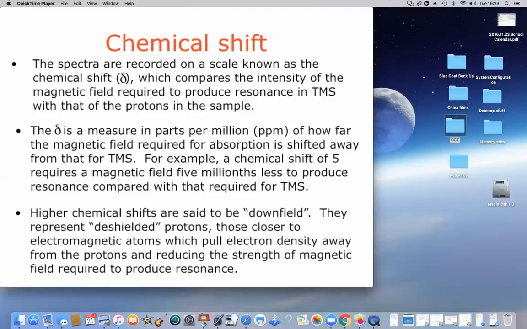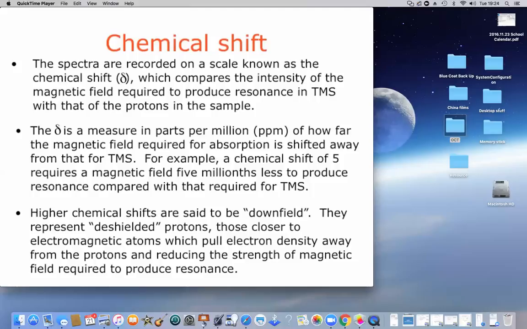Okay, now this is terminology that you may come across. Protons with higher chemical shift are said to be downfield. When you look at an NMR spectrum, chemical shift 0 is on the right-hand side and it moves to the left. So anything to the right we say is upfield, anything to the left we say is downfield. Anything that's downfield, further to the left, represents de-shielded protons.